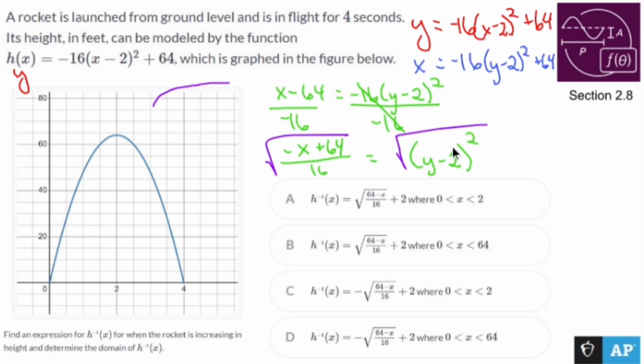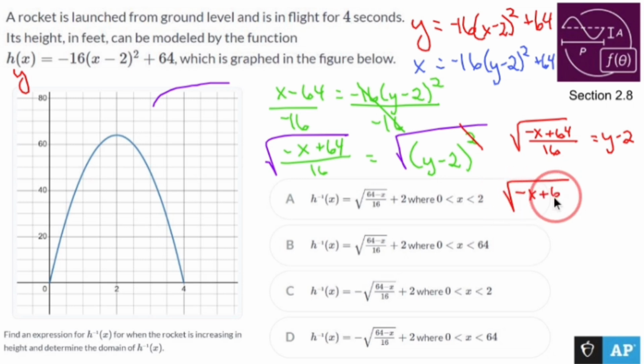What that does is I now have the big square root of negative x plus 64 over 16 equals, these guys cancel out, y minus 2. Add 2 to both sides. Let's see how they want me to write it. I have square root of negative x plus 64 over 16 plus 2 equals y.